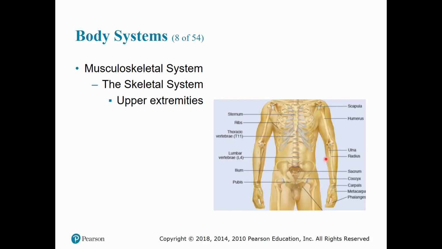Now, to remember which one is which, your radius is on your thumb side. So if you put your thumb up, that bone that follows your thumb as you go into your lower arm, that's your radius. Then you have carpals that make up your wrist, your metacarpals, and then your phalanges, which make up your fingers.